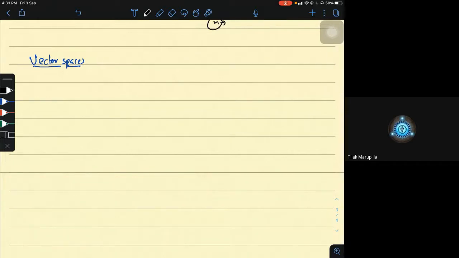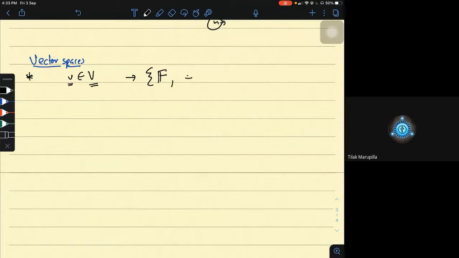So a vector space is, in a way, a collection. A vector space is defined over some field, and it is a set of objects called vectors. So this is a vector space V, and these v's are elements in this vector space V, and these are defined with a field F, a scalar field, which we call scalar because that's what they're called.